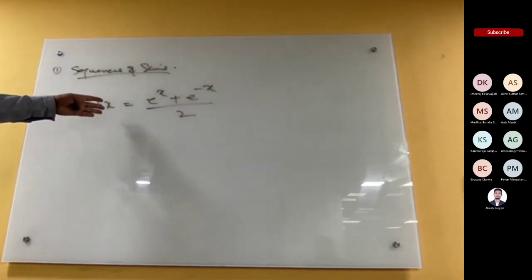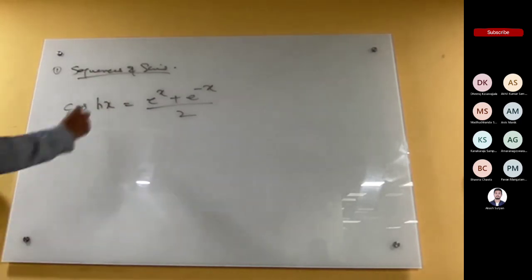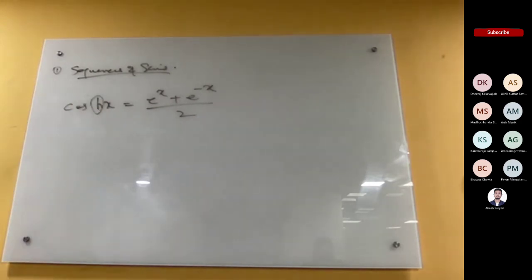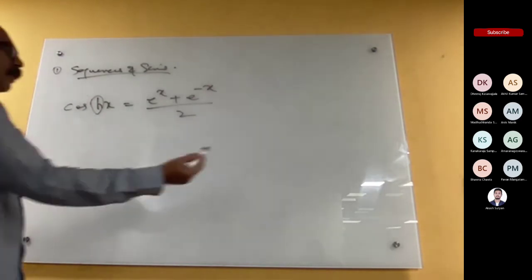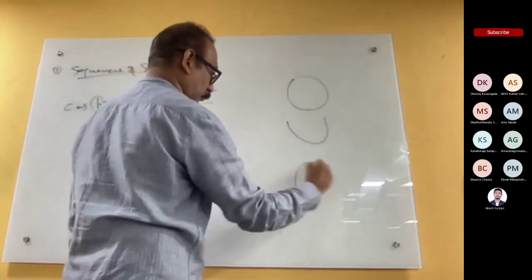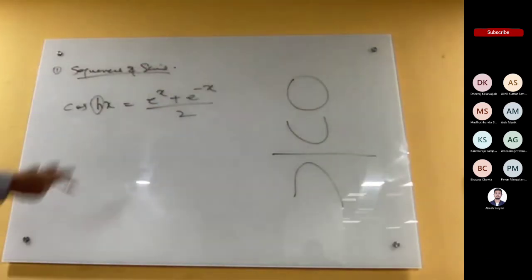This is the hyperbolic function of x. Cos hyperbolic. I think all of you have seen this, no? Tanh x, sinh x. What are hyperbolic functions? Instead of a circle, the normal ones are on a circle, these ones are on a hyperbola. So that's it. It's the hyperbolic functions.